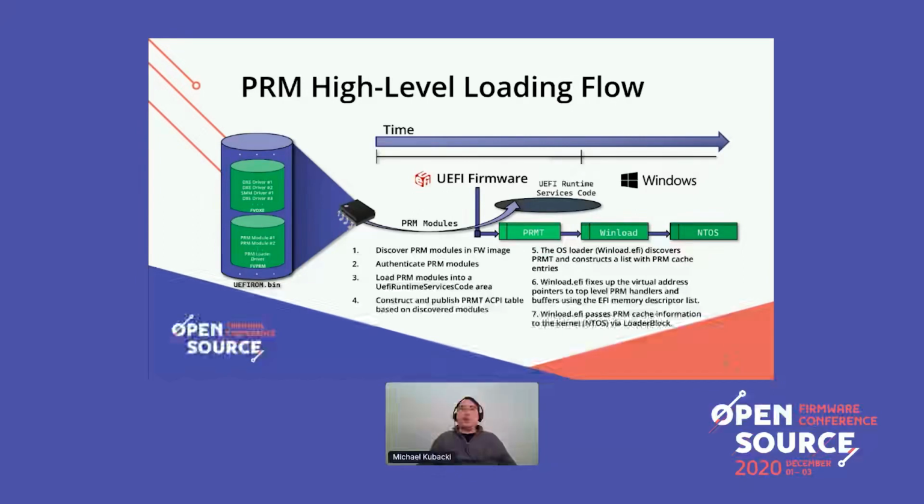Finally, winload.efi, which is the OS loader, passes the information to the kernel via the loader block. What all of this is doing is basically putting the code into a memory area that can be executed at OS runtime, passing information about the code through the ACPI table picked up by the OS loader, and in turn moved to the operating system kernel.